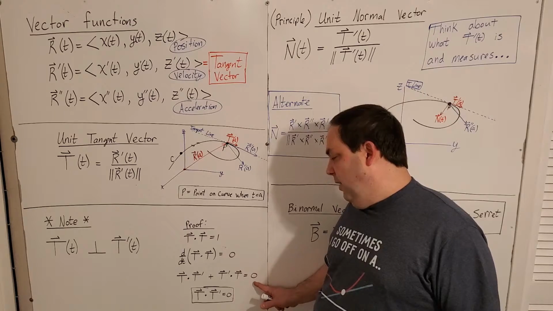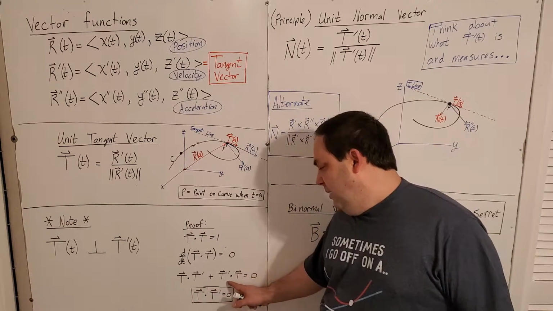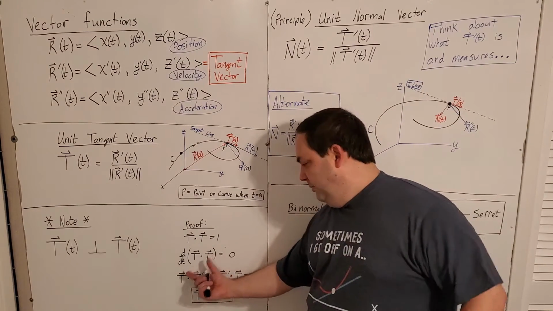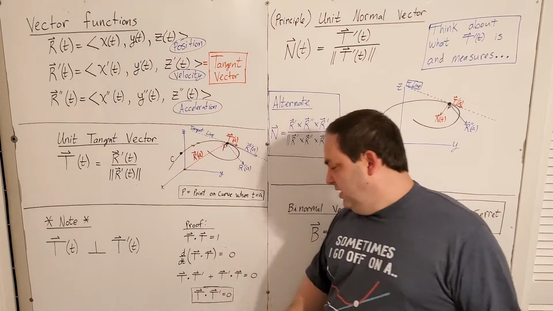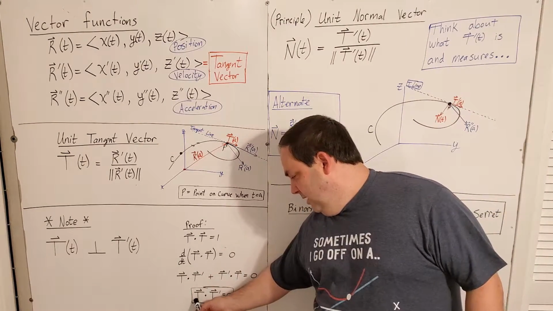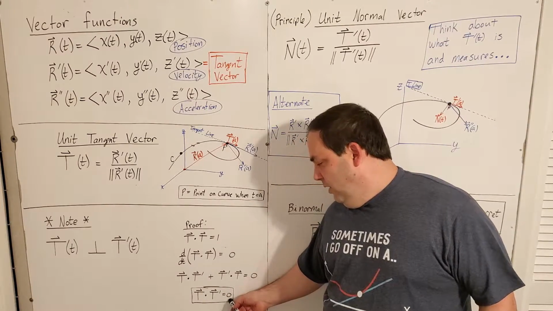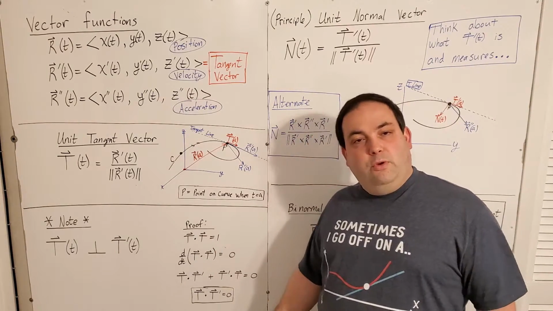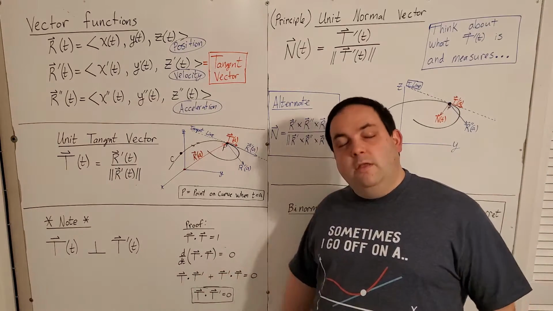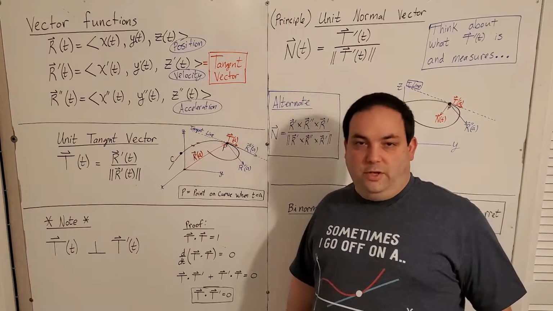It's still equal to 0. But these two terms are the same thing, right? So it's actually 2 times this. And if I divide both sides by 2, what I get is T dotted with T prime is equal to 0. Okay? And remember, if you dot two things and get 0, they're perpendicular. They're orthogonal to each other.